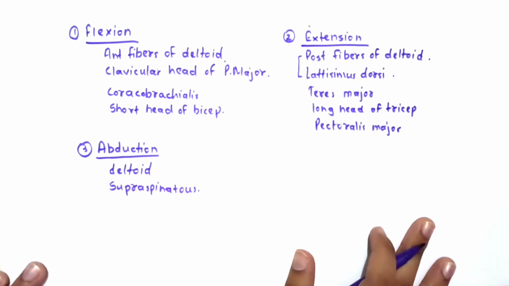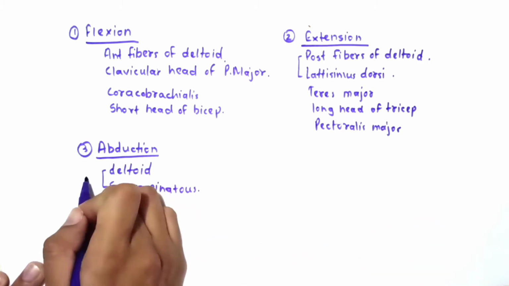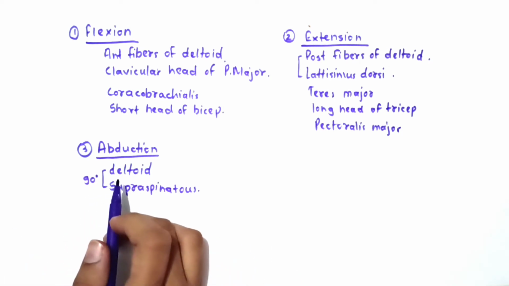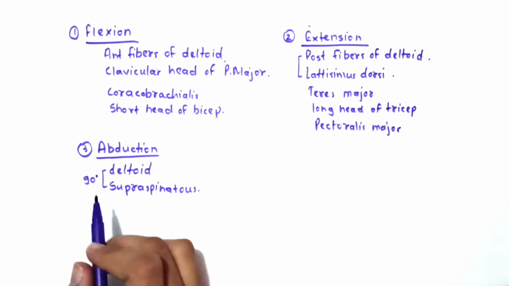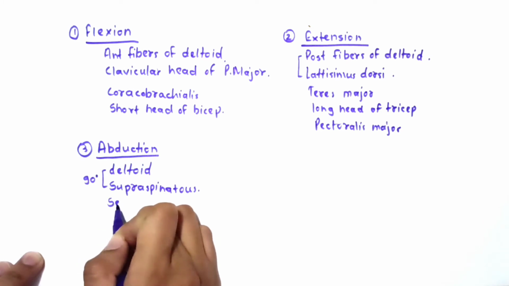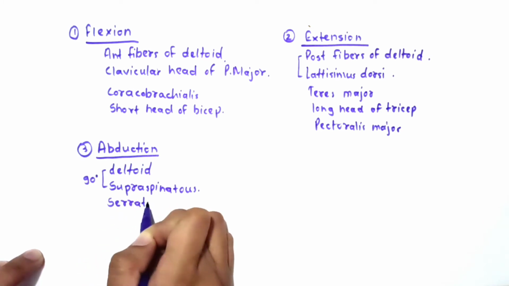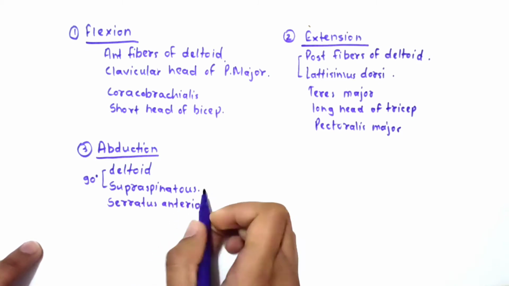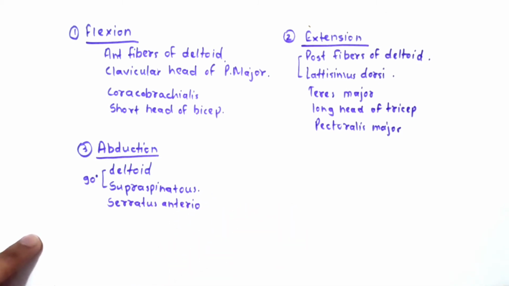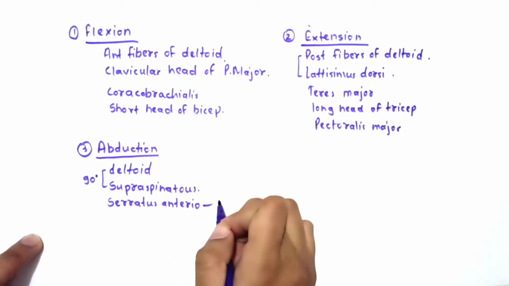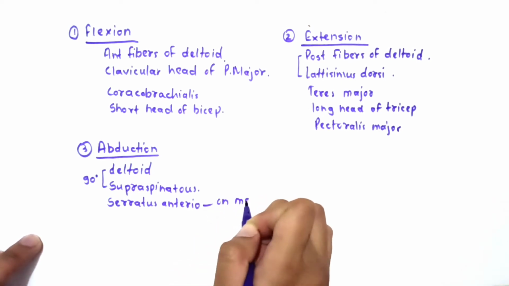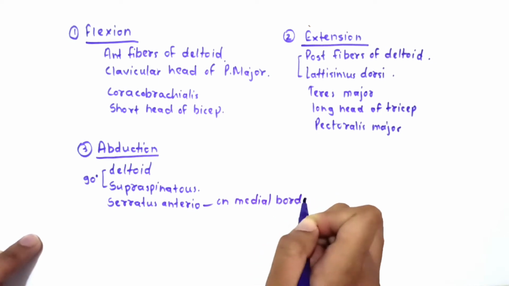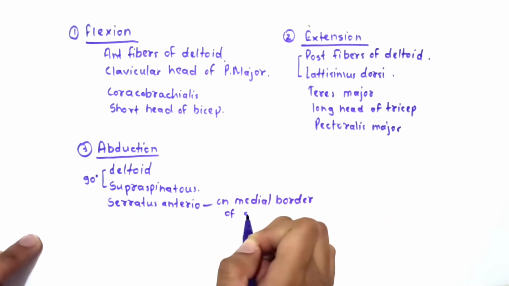Now this is for up to 90-degree abduction, and if you have to do abduction over this 90 degrees, the serratus anterior will help. The serratus anterior will basically act on the medial border of the scapula.